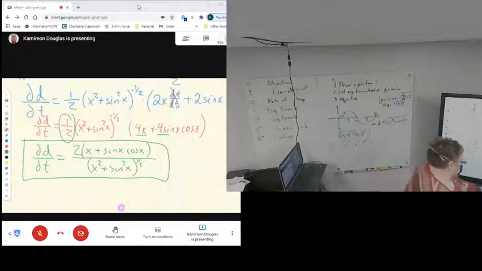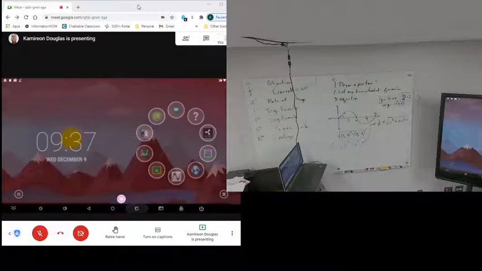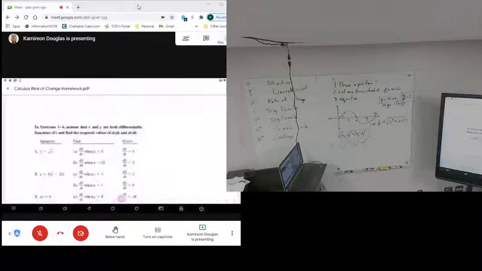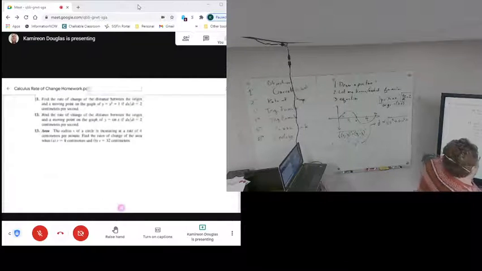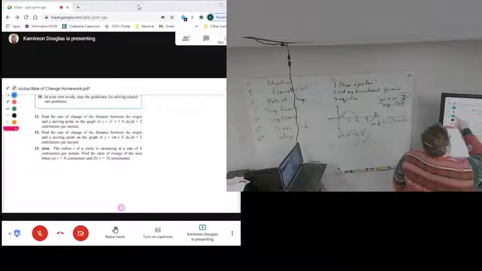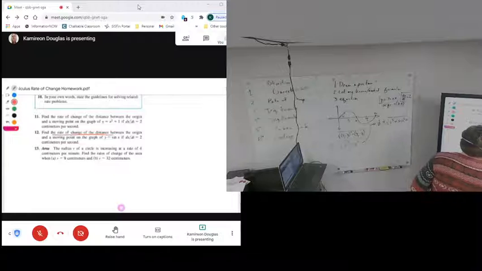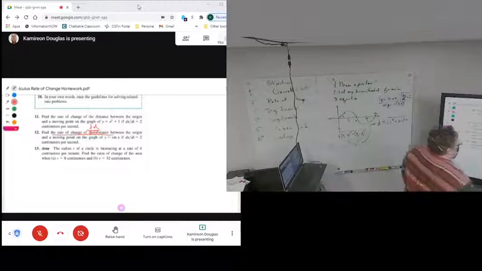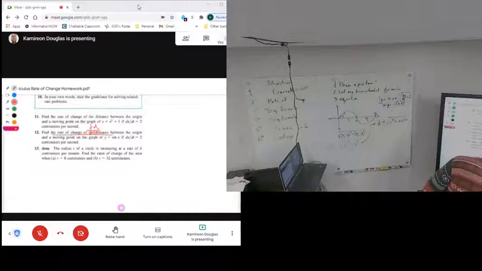Note some terminology in the problem itself. Right here. That leads you in this direction. So let's analyze the problem itself. It says right here, first part of the problem, the rate of change of the distance. This is delta d over delta t. It mentions distance. That means they're going to use a distance formula.